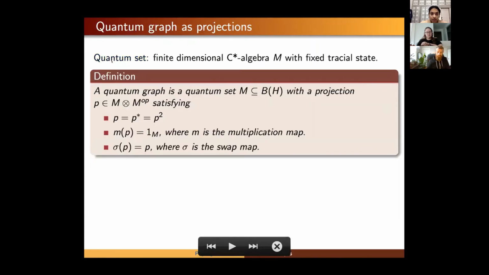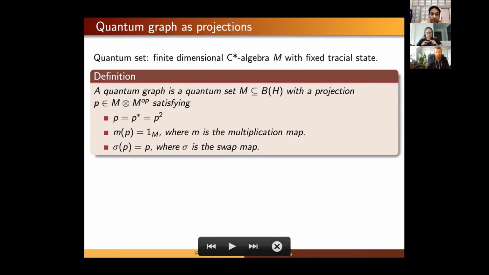Another way of defining quantum graphs is viewing them as a projection within a quantum set. This projection is motivated by the non-commutative analog of the characteristic function on the edge set. In this perspective, you think of a quantum graph as a quantum set that comes with a projection living in M tensor M op, where M is a quantum vertex set and M op is the opposite algebra.